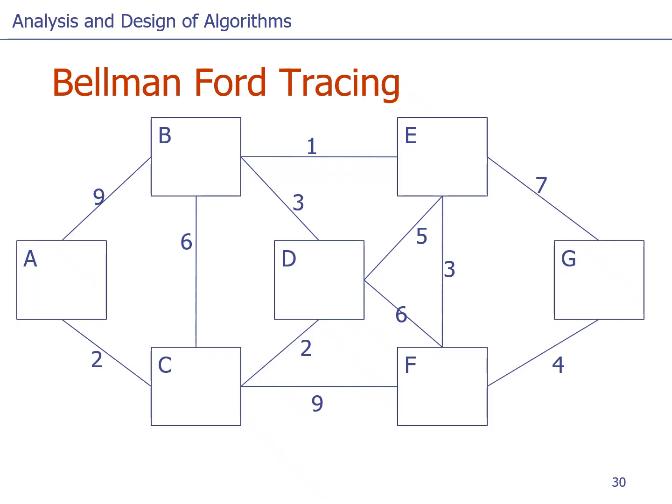So I will maintain an entry for B, an entry for C, for every vertex: D, E, F, G. And I will keep updating those entries with the optimal, basically shortest, path to go to each one of those vertices from A.